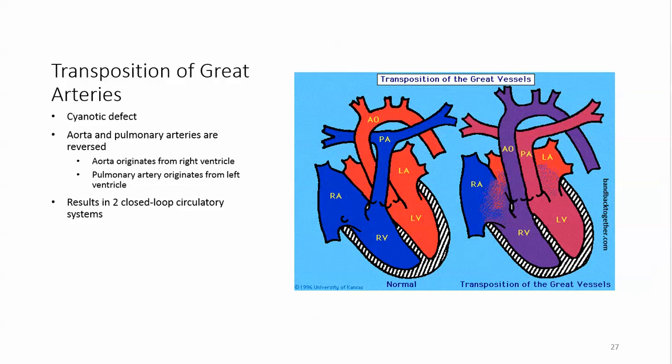The aorta receives oxygen-poor blood from the right ventricle and sends it to the body without receiving more oxygen. The pulmonary artery receives oxygen-rich blood from the left ventricle and carries it back to the lungs. Pregnant mothers with uncontrolled diabetes are at higher risk of having children with this defect. Okay, so we're going to stop here and then pick up on the next one.